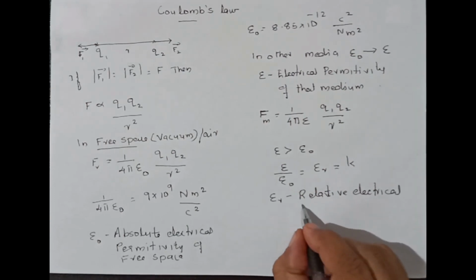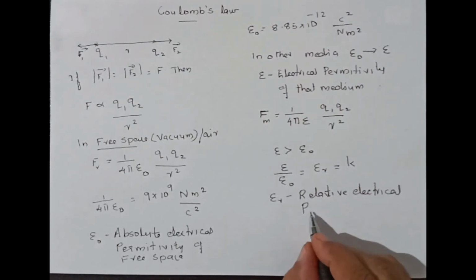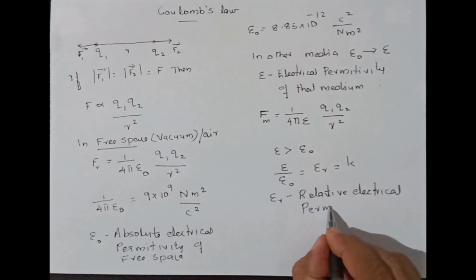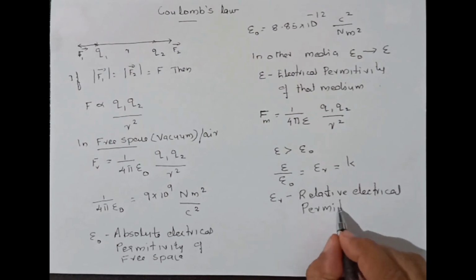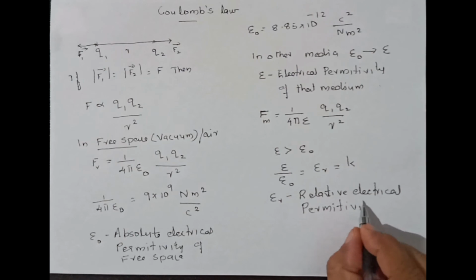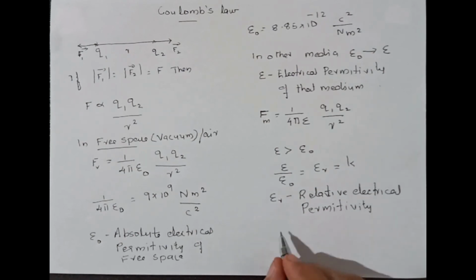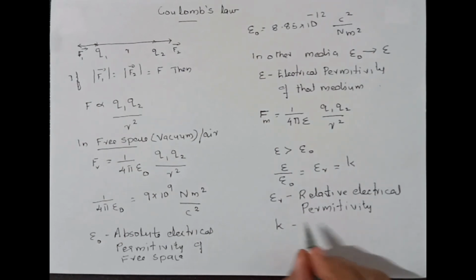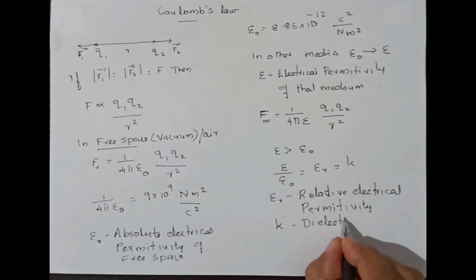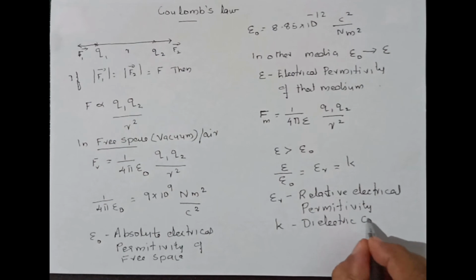Epsilon r is the term used for relative permittivity, which is just a constant, or you may say it as dielectric constant.